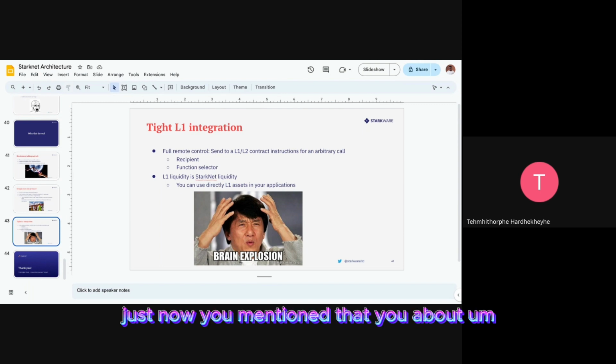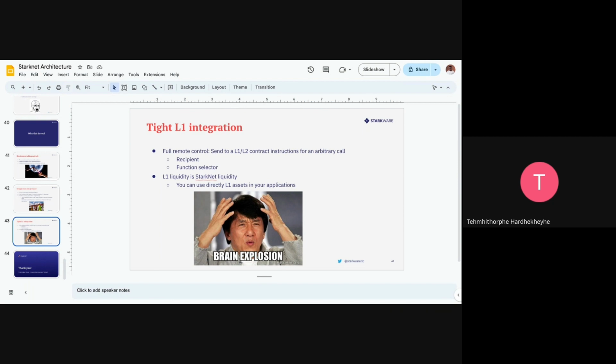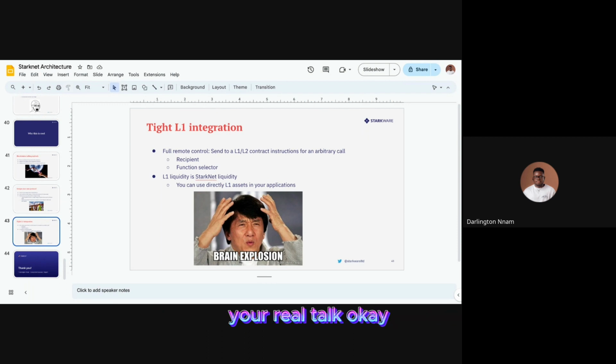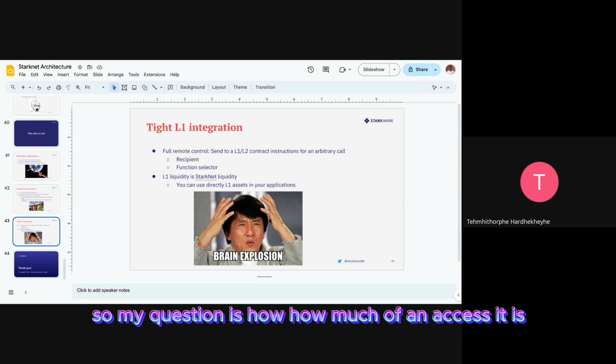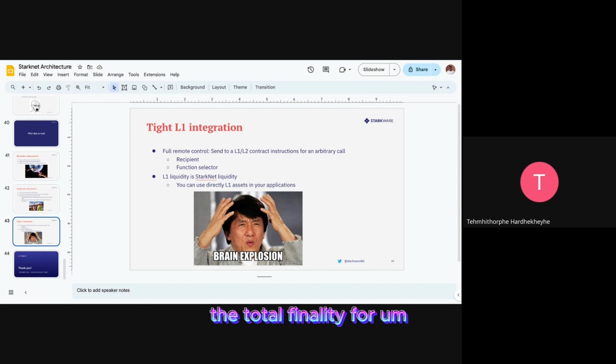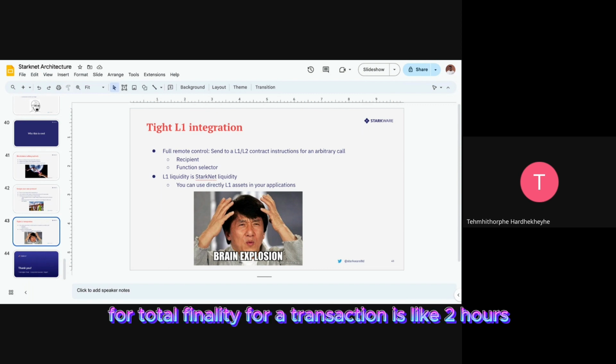Sorry, just now you mentioned liquidity on L1 being available to L2, and you were saying we could access assets on L1 from L2. Is that correct? Yeah. So you can access liquidity on both layer one and layer two. Okay, so my question is how much of an access it is, because from your explanation you did mention that total finality for a transaction is like 2 hours, because that's maybe the time it takes for it to be finalized on Ethereum.